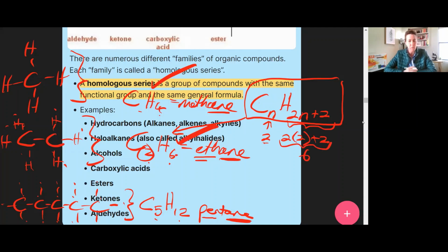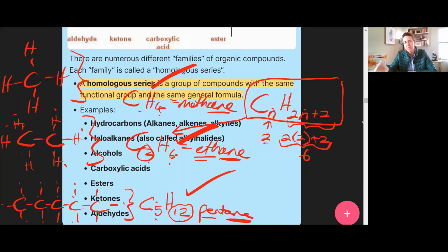Oh, right. This also works for ethane. Does it work for pentane? Let's see. If there are 5 carbons, then how many hydrogens will there be bonded to those 5 carbons? Well, 2 times 5, which is 10, plus 2. Oh, right. So that also works.